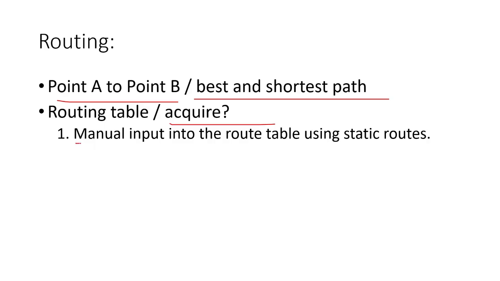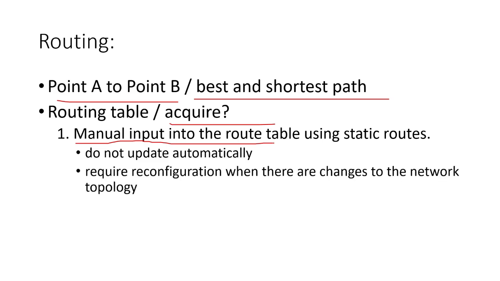The administrator can manually input into the routing table using static routes. These static routes do not update automatically. They require reconfiguration when there are changes to the network topology. If there are broken paths, or new paths to the destination, then the network administrator must configure these new routes.